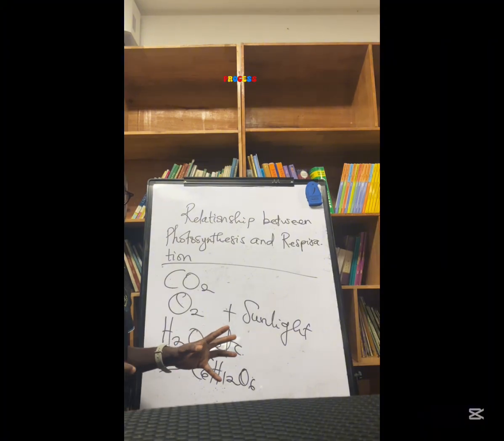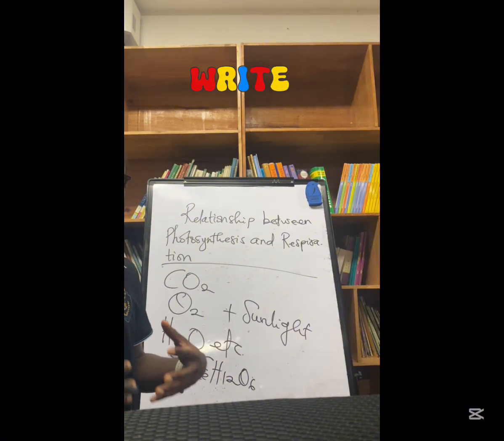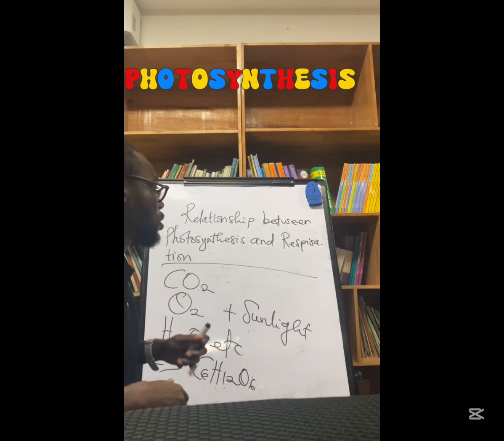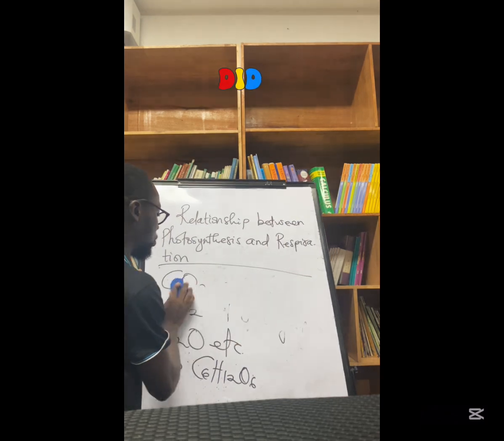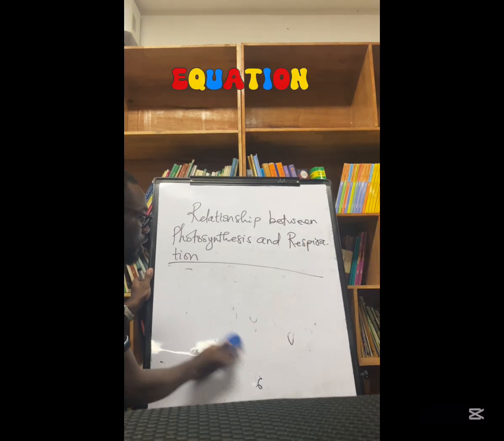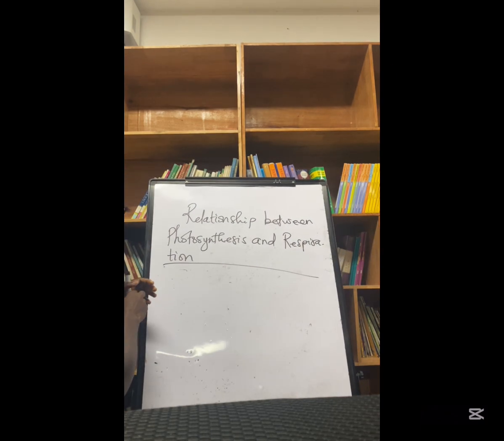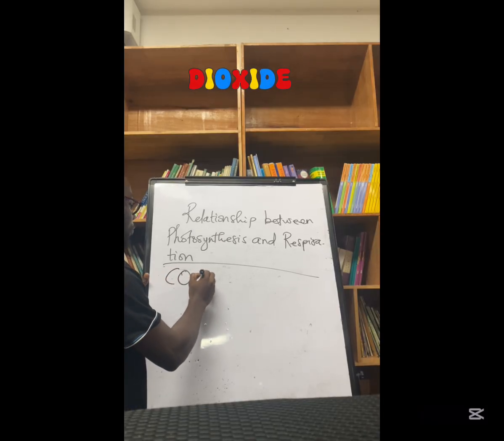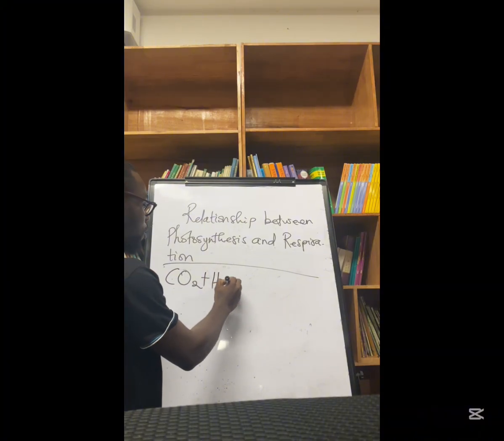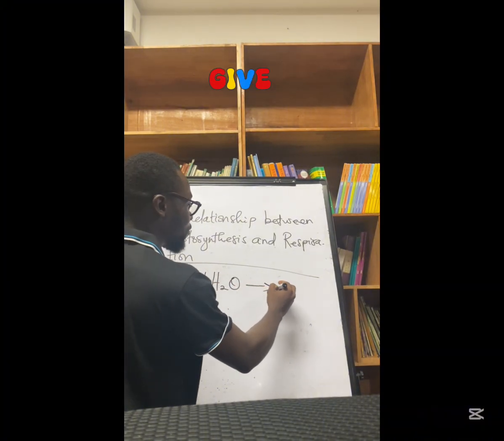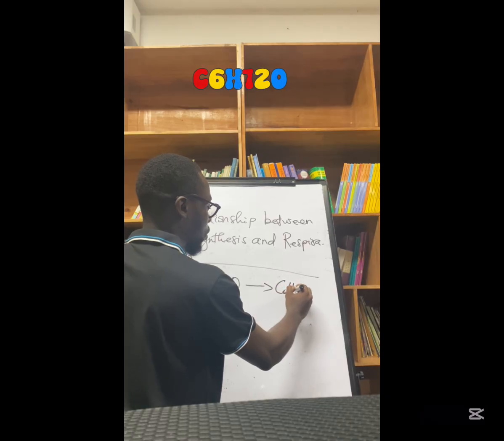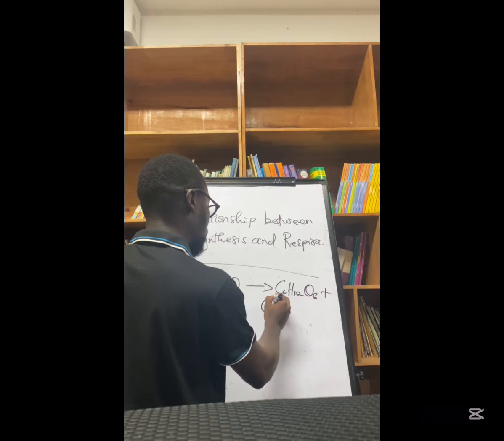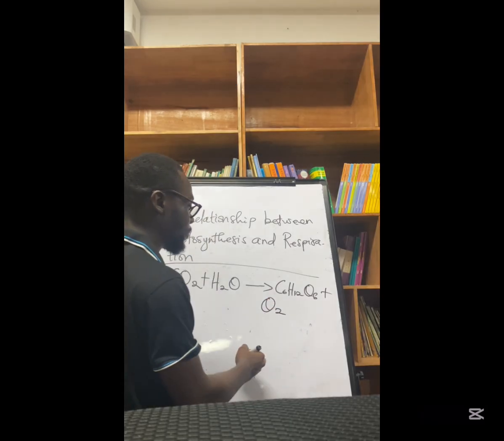So in this process, we want to write the chemical equation for photosynthesis. So follow me as we deal with the chemical equation for photosynthesis. Okay. Therefore, we say carbon dioxide plus water will give us C6H12O6 plus oxygen.